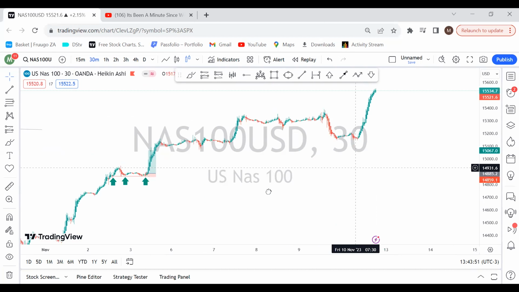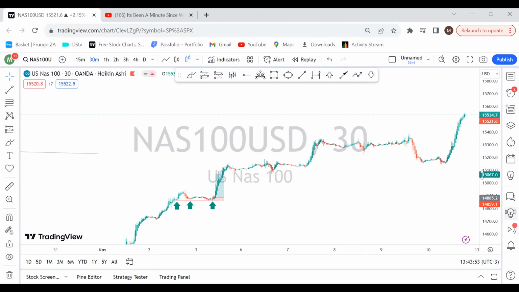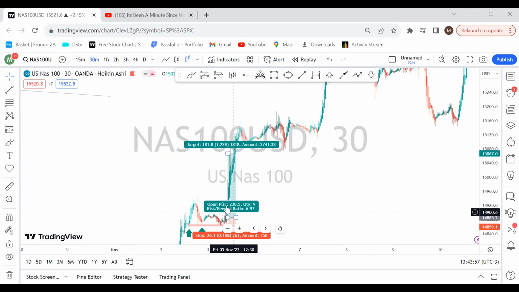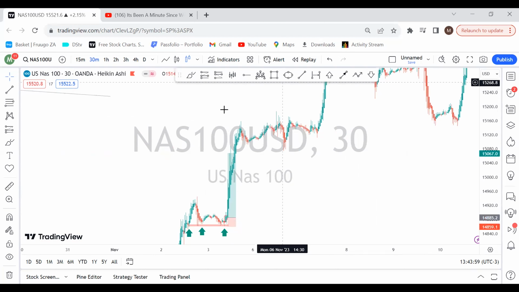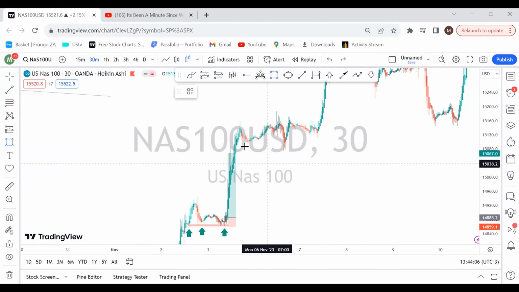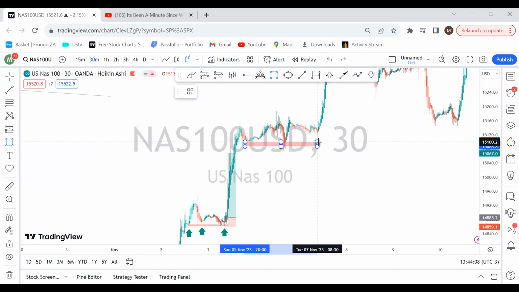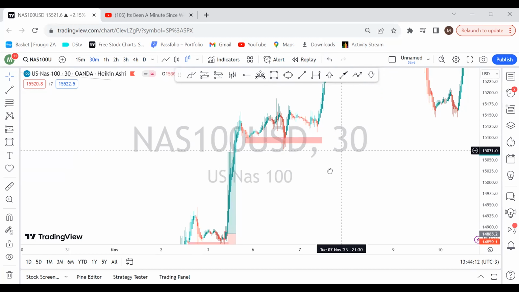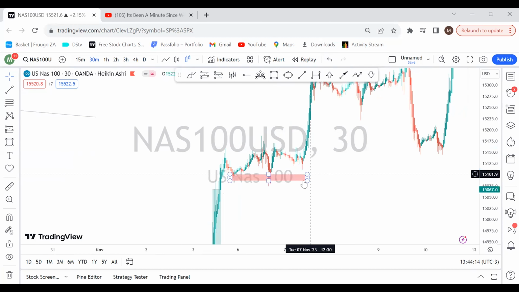So you can see with the next correction phase, right after this bullish movement right here, we had another correction. So it's the same concept. You figure out your support. But with this one, the price never really touched on the third touch.